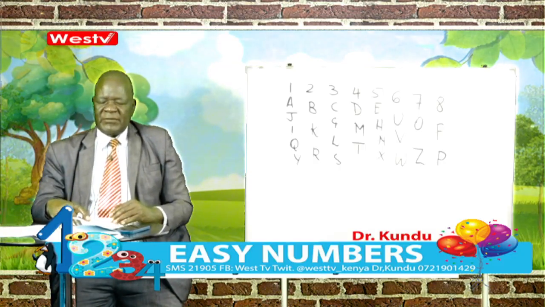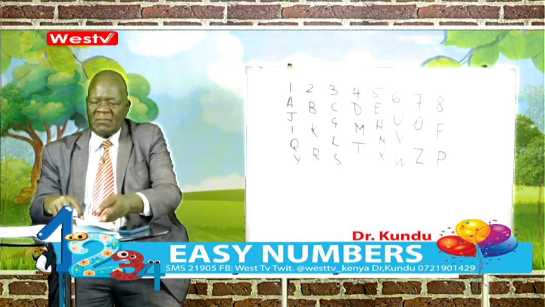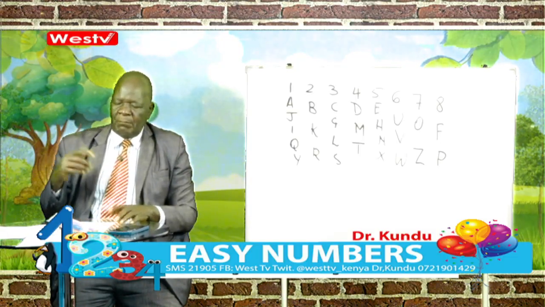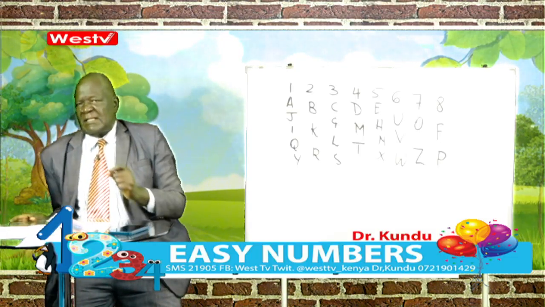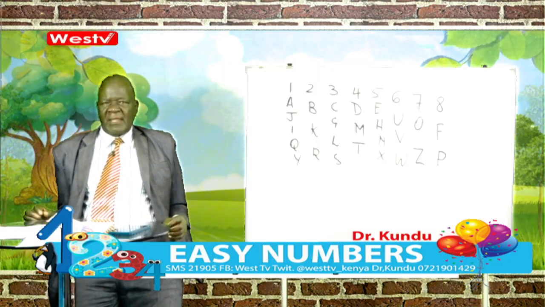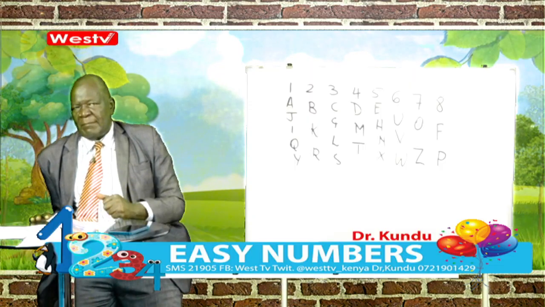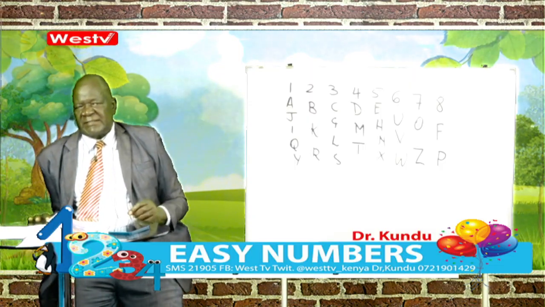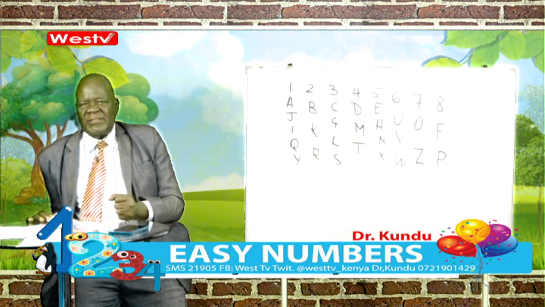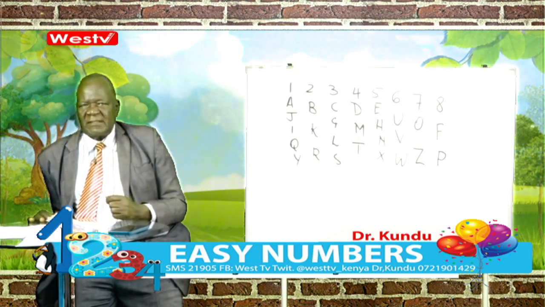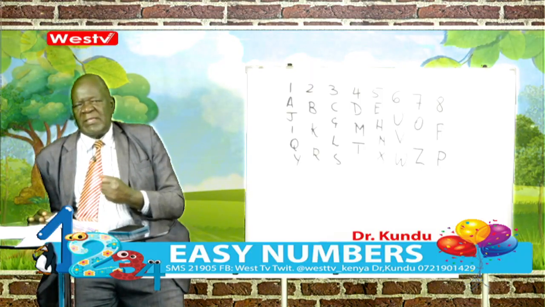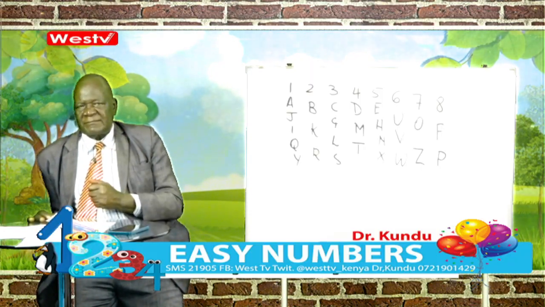So today I want to answer a popular question that my viewers are asking. How do we name our children? How do we name our businesses so that they can vibrate in harmony with the rhythms of the universe, so that there is no confrontation with the universal rhythms?